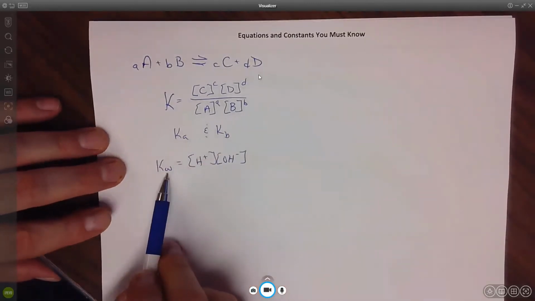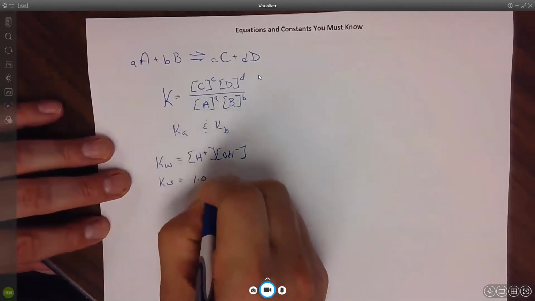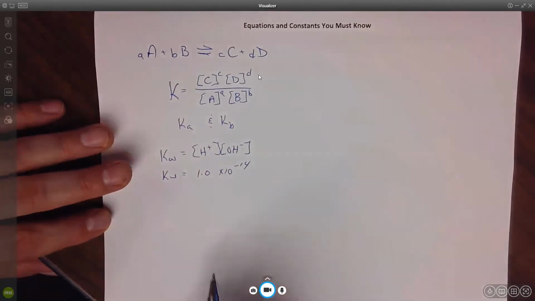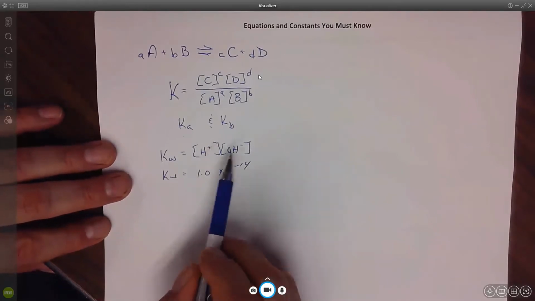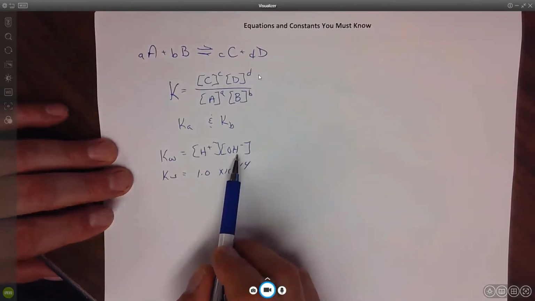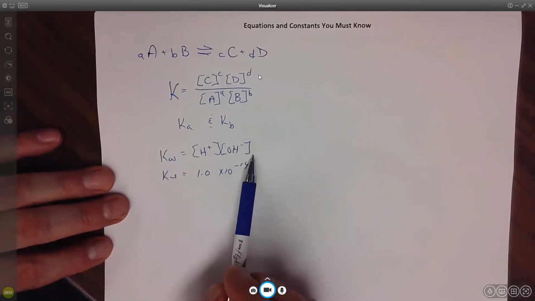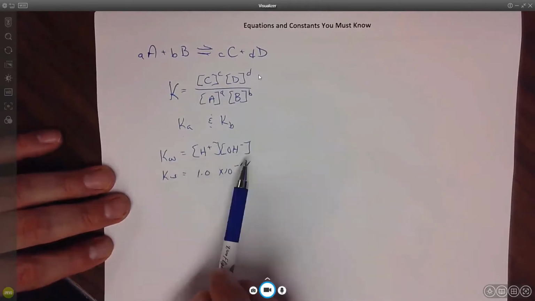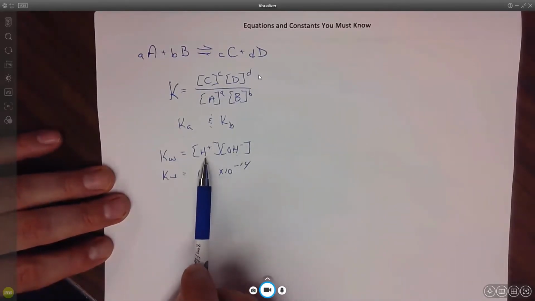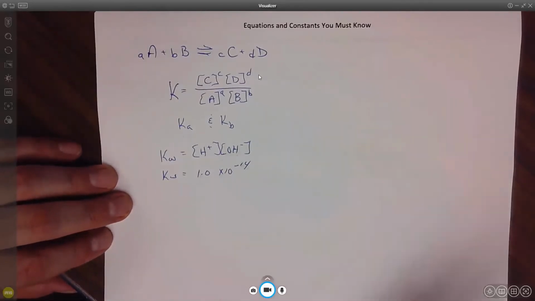So Kw, the equilibrium constant, and at 25 degrees Celsius, Kw was equal to 1.0 times 10 to the negative 14, okay? We know that the hydrogen ion concentration is going to be equal to the hydroxide ion concentration in pure water, and that's how we came up with this expression here. But we're going to be able to use this same expression if we have an acidic or basic solution. And from this expression, we'll be able to relate the hydrogen ion concentration to the hydroxide ion concentration. And we'll talk about that later on today.